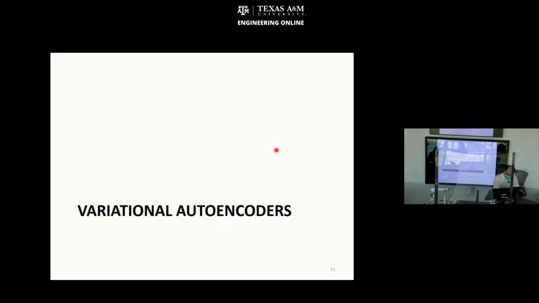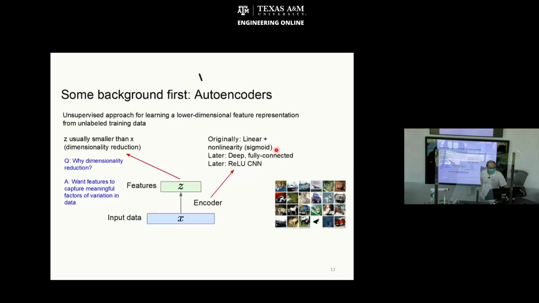This is the VAE, okay? So, autoencoders. As I said, the goal is unsupervised learning of a low-dimensional feature representation from this unlabeled training data.